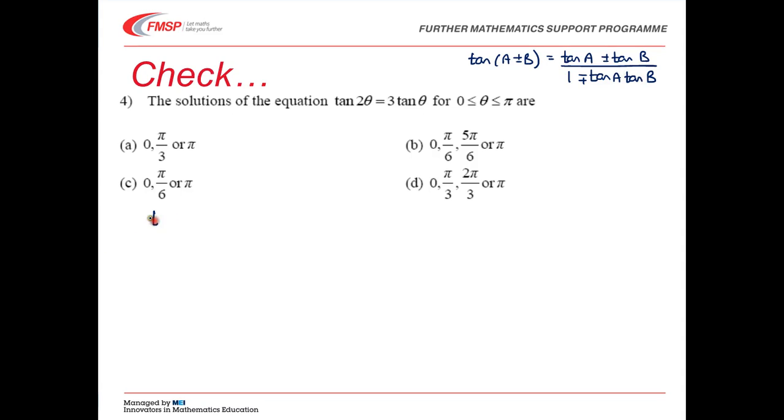So we're starting with tan 2 theta equals 3 tan theta. We first of all need to apply the identity. So tan of 2 theta, that's tan of theta plus theta, so that will be tan theta plus tan theta, or 2 tan theta on the top, and 1 minus tan squared theta as the denominator.